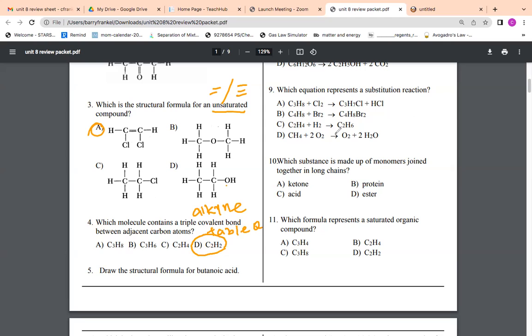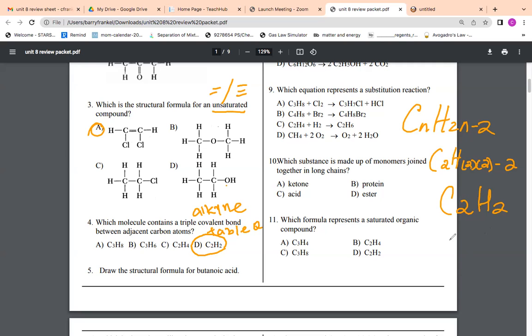I'll write it over here. N always represents your number of carbons. Here I can see that I have 2 carbons, so I'm just going to plug in 2 and follow suit. So 2 times my number of carbons minus 2, that's 4 minus 2, and this does match up. It comes out to C2H2.